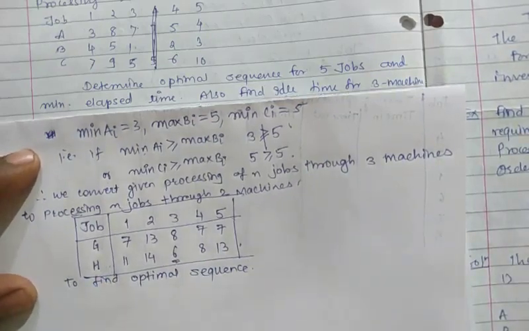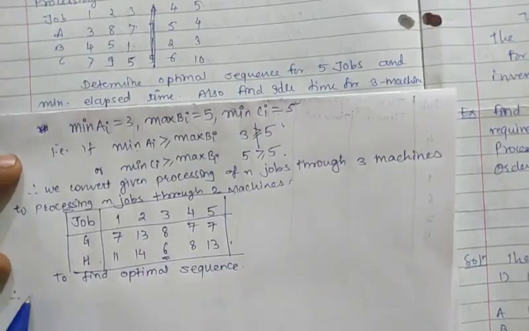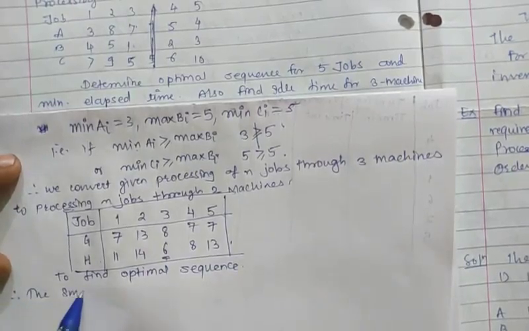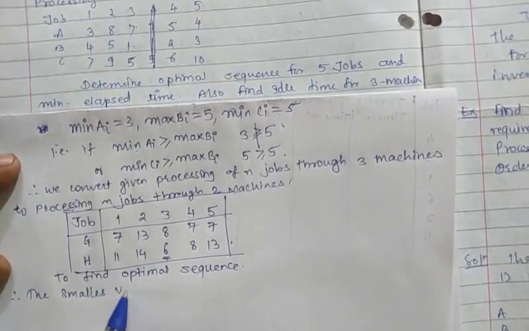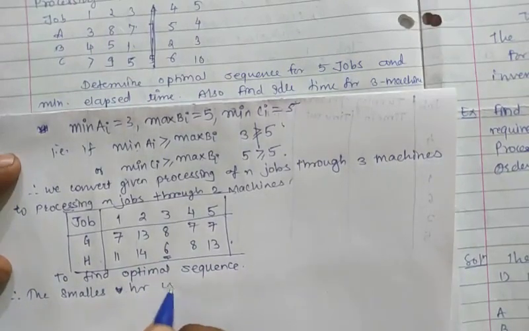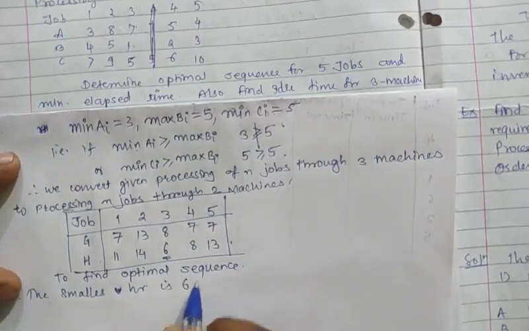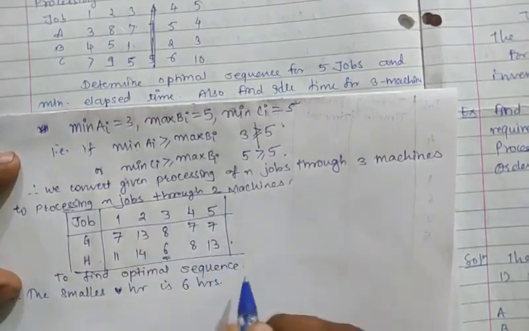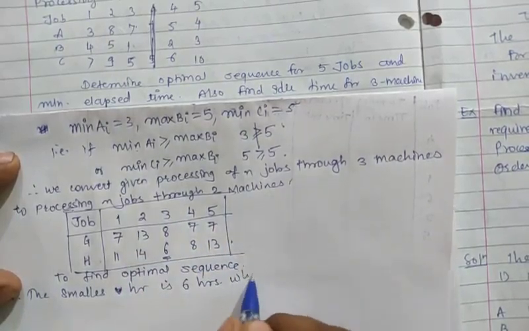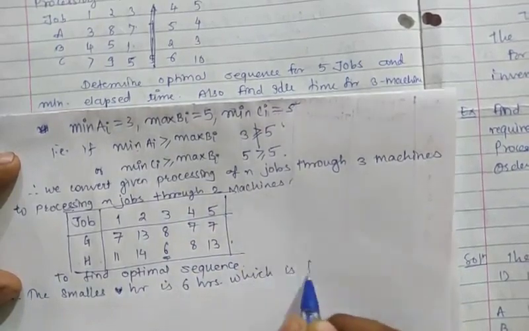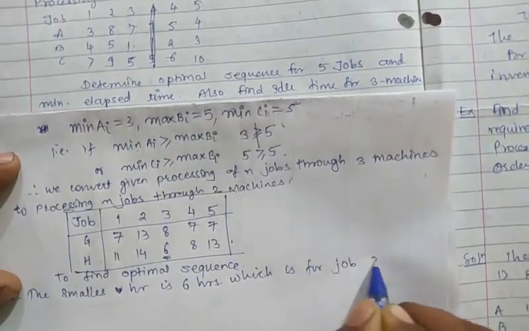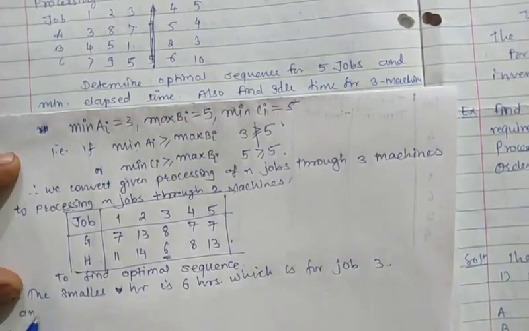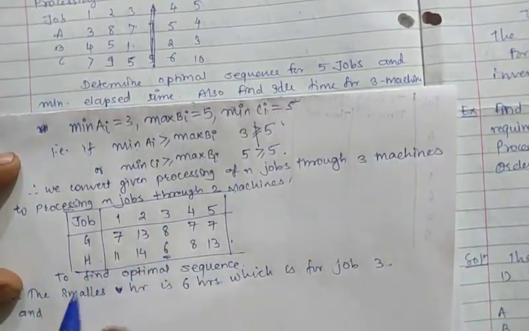Therefore the smallest hour is 6 hours, which is for job 3 and on machine H.